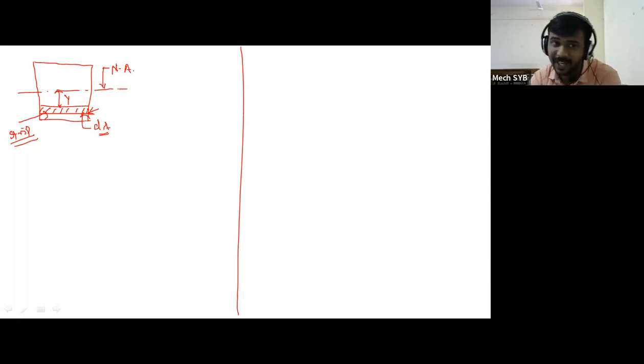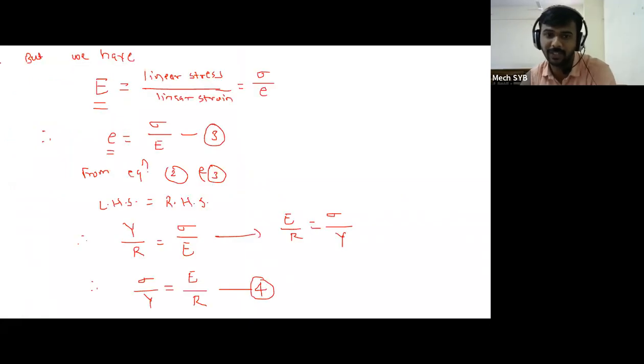Therefore whatever stress and results we get for this strip, all the results are applicable for the entire beam. Therefore I will calculate the stress in the beam, and by using that particular stress value, I can continue my further derivation. Okay, so we are having one equation. What is that equation?